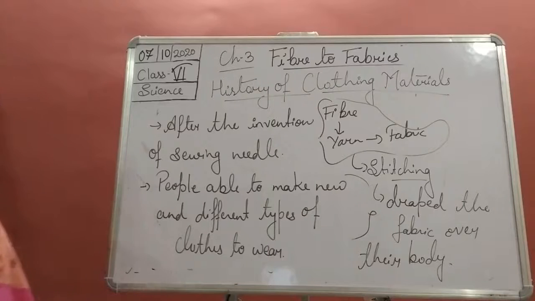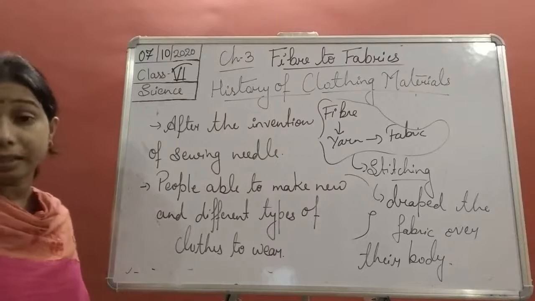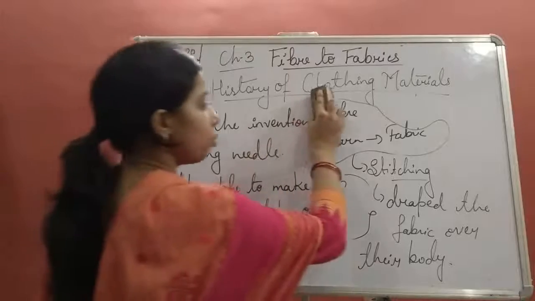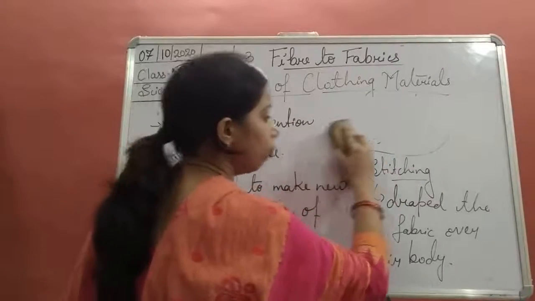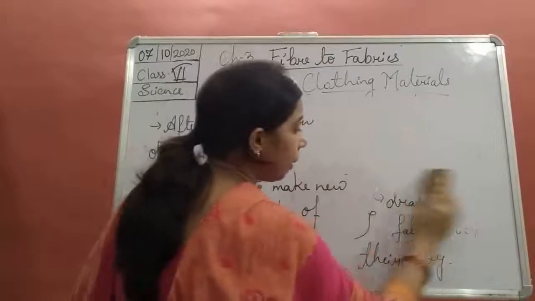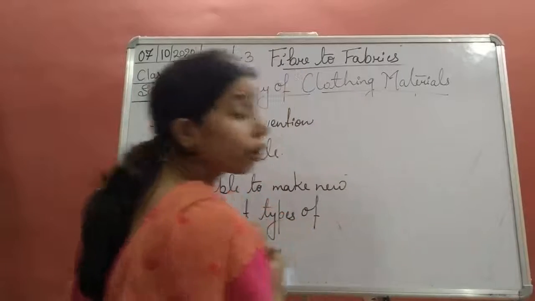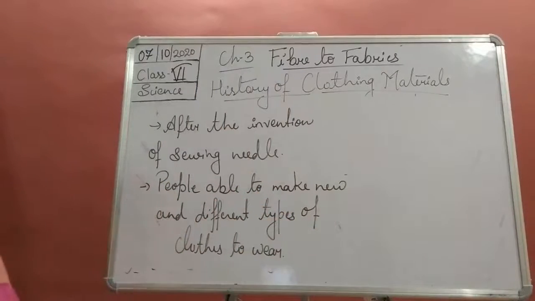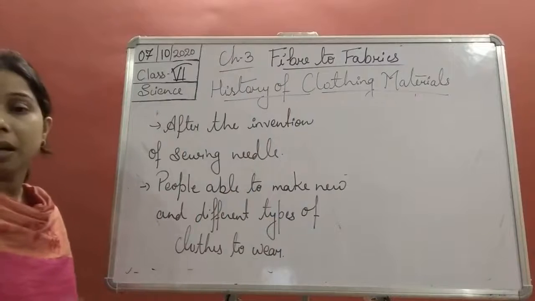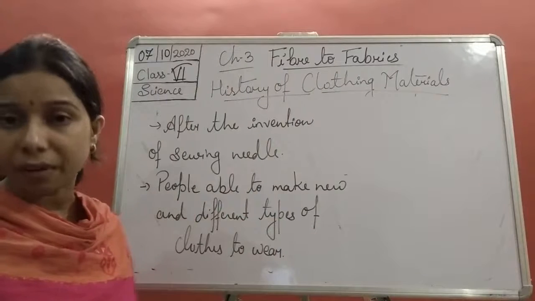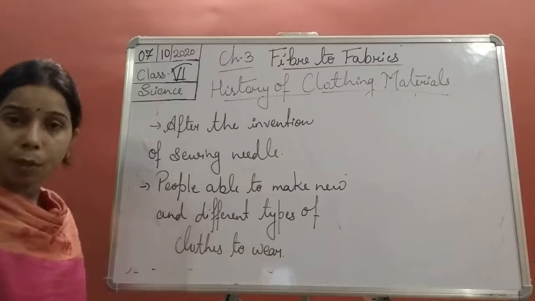Now not only this, students, but they started cultivating. When they understood that these fibers are useful in making clothes, they started cultivating these fibers near the river or the water bodies.